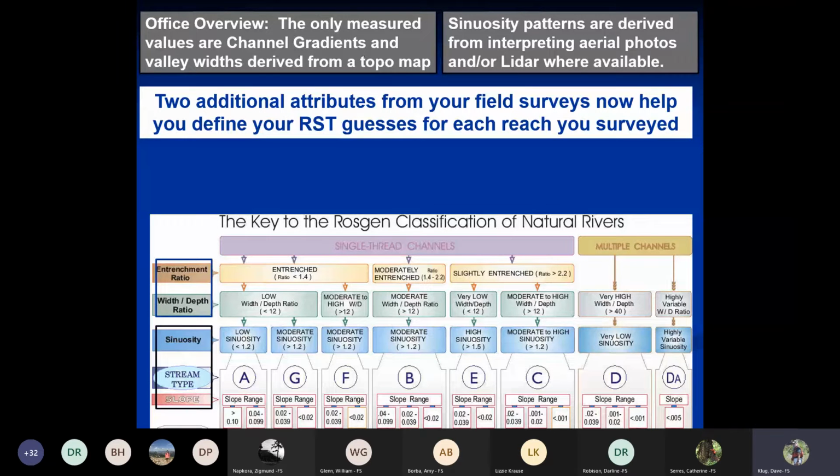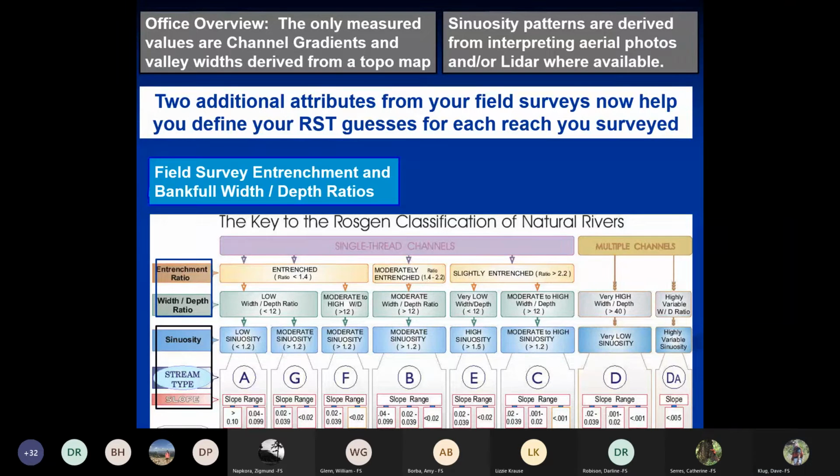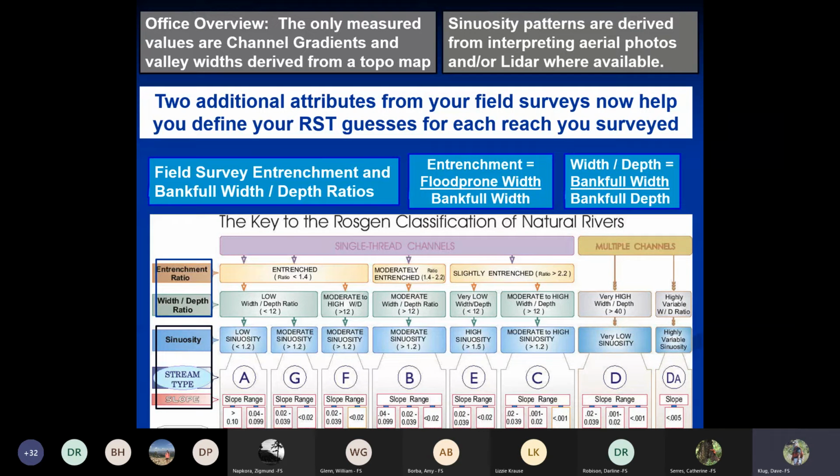So what are those attributes? They're entrenchment ratio and bankfull width over depth ratio. Entrenchment, as Bob did a great job explaining, is the flood prone width over the bankfull width. That's maximum bankfull width. We also have the bankfull width over depth ratio, which is bankfull width over average bankfull depth.